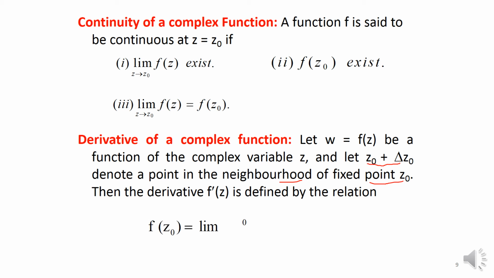So we can write down the derivative f'(z0) = limit as delta z0 tends to 0 of [f(z0 + delta z0) - f(z0)] upon delta z0. This is similar to what we do in a one variable function, that is an algebraic function. It's similar to that only.